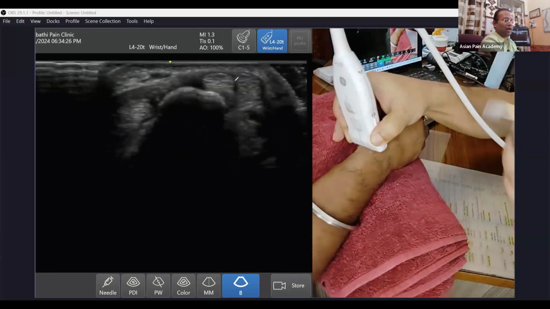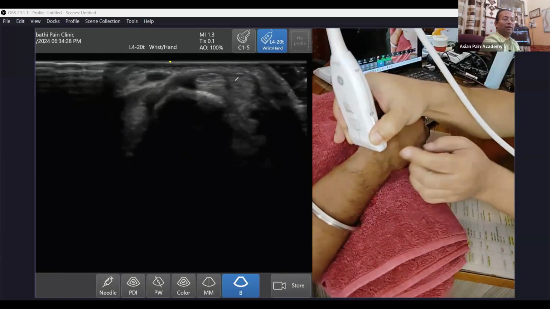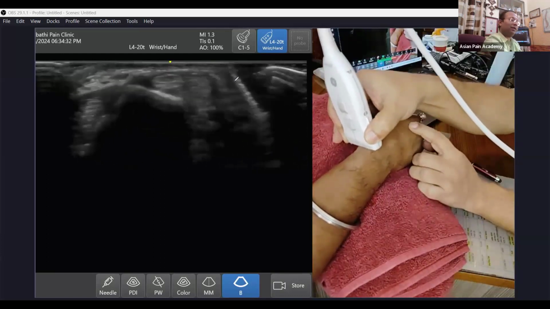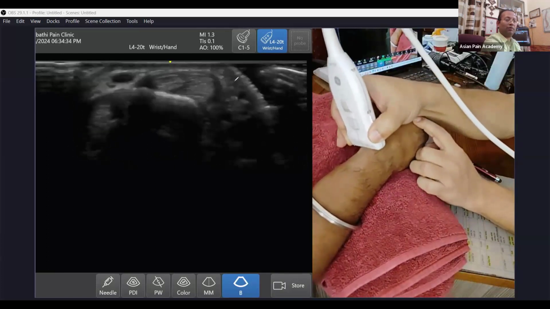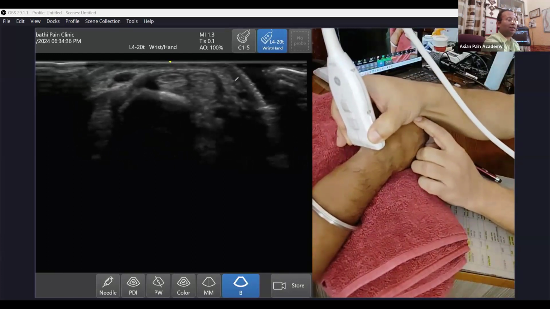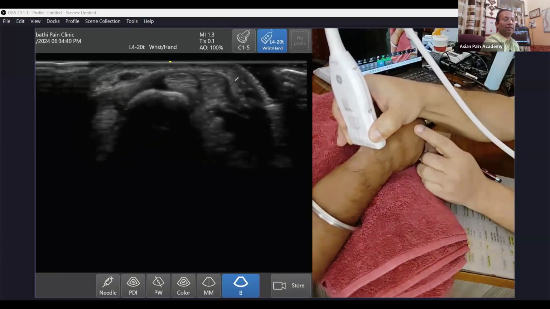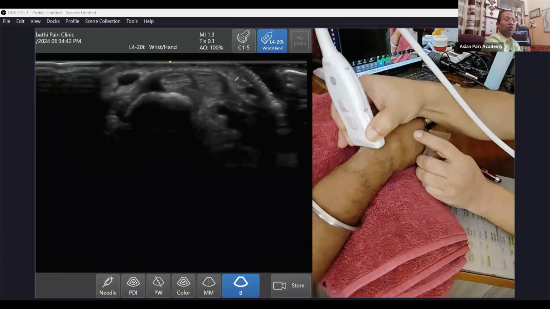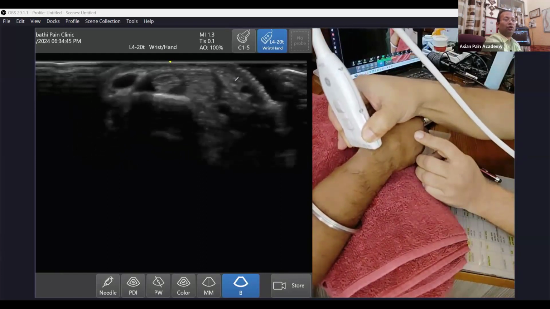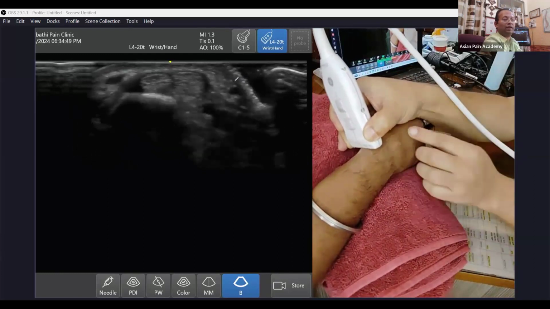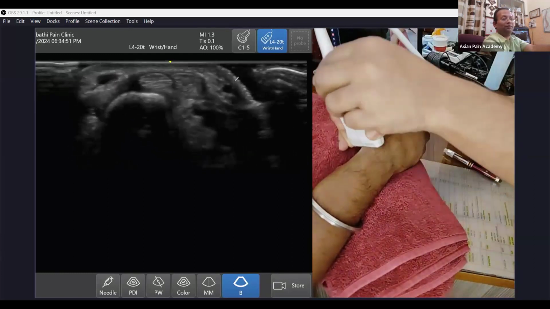You will be able to see the whole needle. You go under the probe in the same orientation, so that you can see the whole needle. That is the inline approach. Here these are the two tendons, APL and EPB.